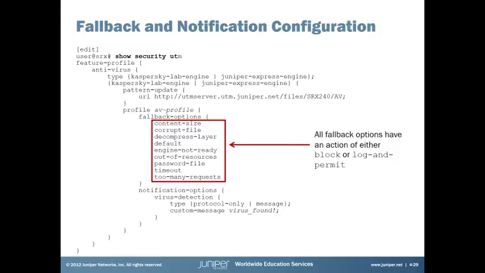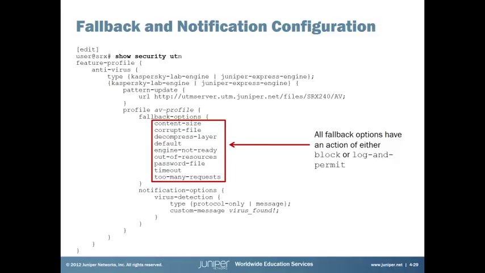Engine not ready, we're out of resources. So these are all things that may cause us not to scan a file. In other words, our CPU is too busy to scan it right now. Maybe there's a password on the file, timeout, too many requests. All these are parameters that we can set up that we call a fallback operation.